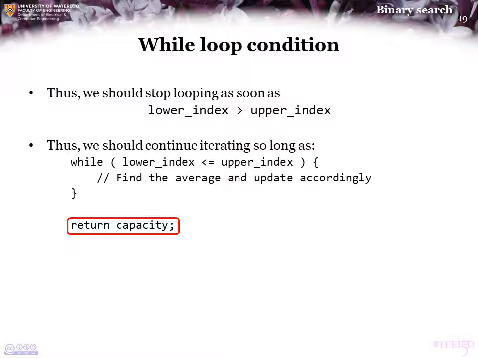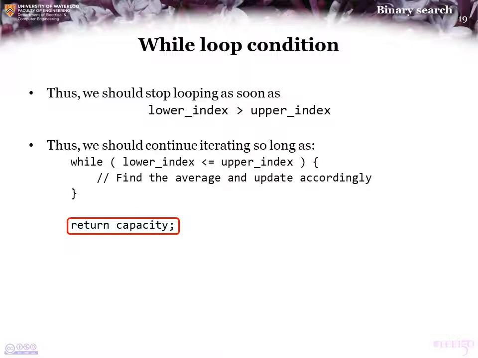You will recall that for searching algorithms, if the value we are searching for is found in the array, we will return the index at which that entry, the value, was found. That is, we will return a value between 0 and capacity minus 1.